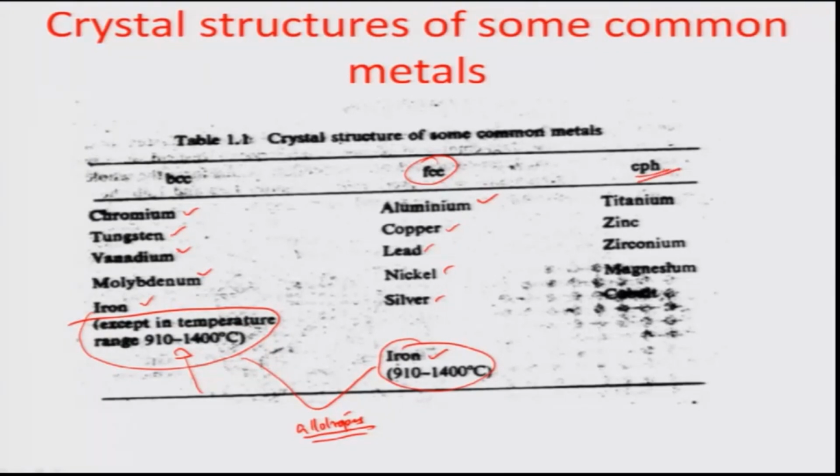There are other materials which can be classified into the third structure, close packed hexagonal, like titanium, zinc, zirconium, magnesium, cobalt, and so on. With this, you get a feel of the different classifications of commonly available engineering materials in terms of their crystal structures.